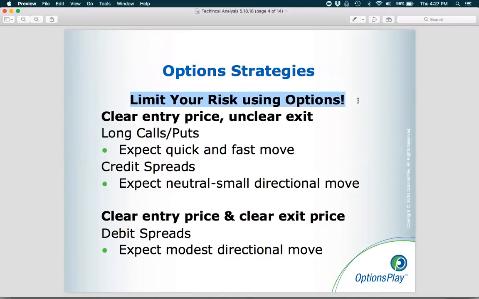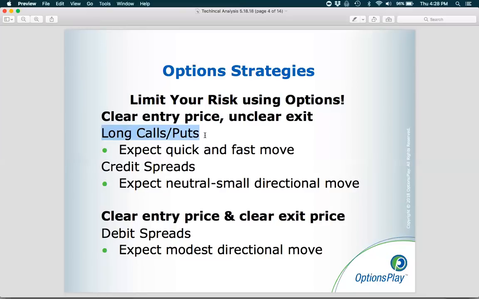I've broken this down into 2 groups dependent on the type of technical analysis. There are certain technical analyses where you have a clear entry price, but you don't really have a clear exit price, meaning it tells you the stock may be headed higher or the stock may be headed lower, but you may not have a clear target. For those types of trades, it's best to use these 2 strategies.